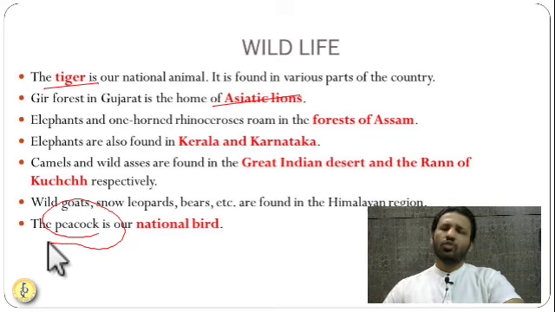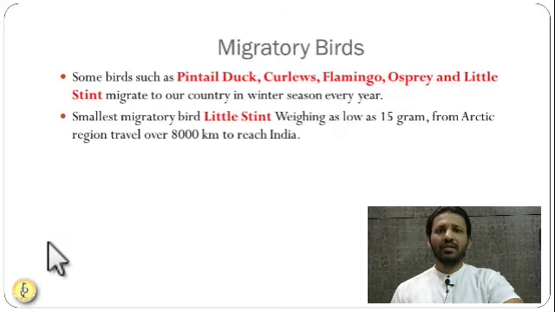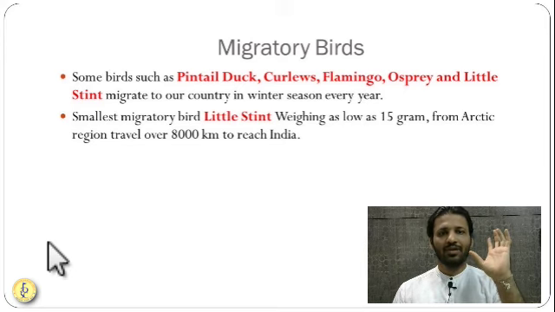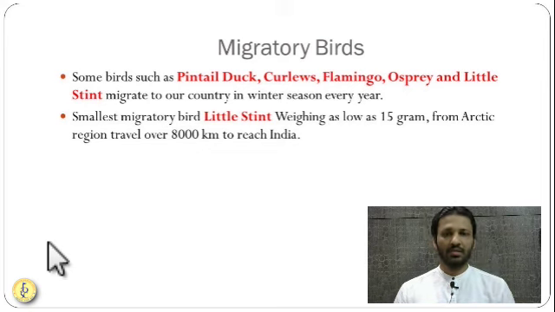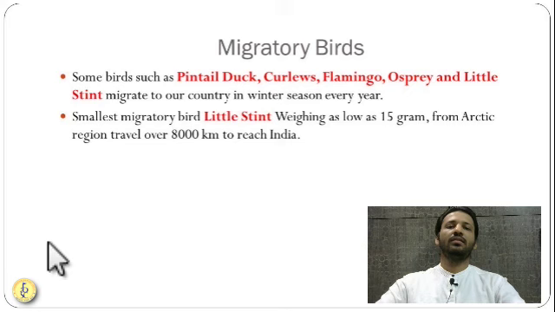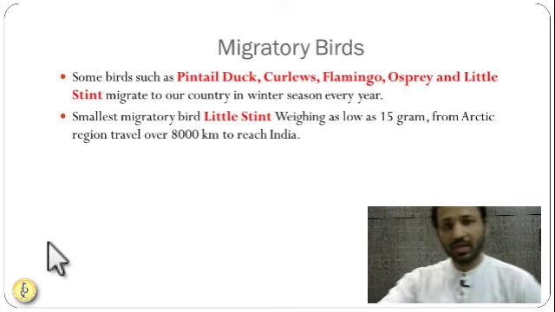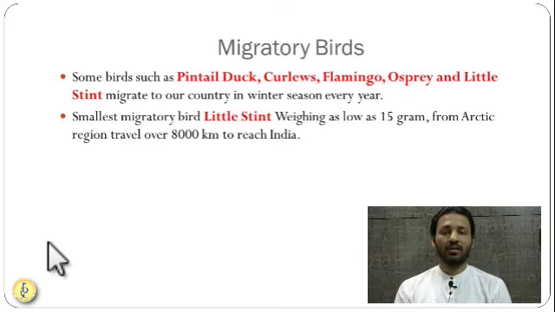These are the important things which are given in this chapter, and certain very minute things which are not mentioned anywhere, but can be asked in your exam, are about migratory birds. You see this chapter and this slide; sometimes you will find it as an MCQ in your exam because they haven't exploited this question yet. So, names of the migratory birds. There is a bird called the little stint.